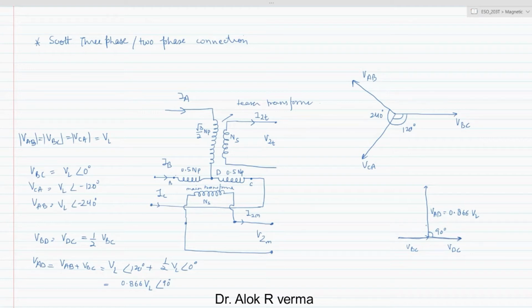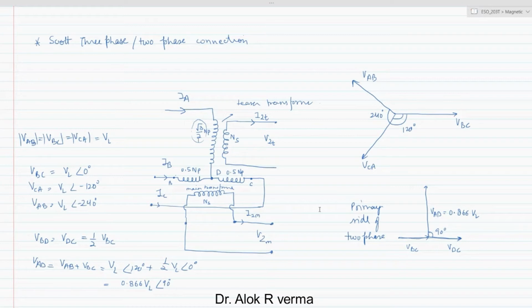So if the turns ratio, this is the primary side of the two-phase. Now you can see the turns ratio is selected very specifically, right? Root 3 by 2 NP, and here also it is selected as NS and 0.5 of the values.